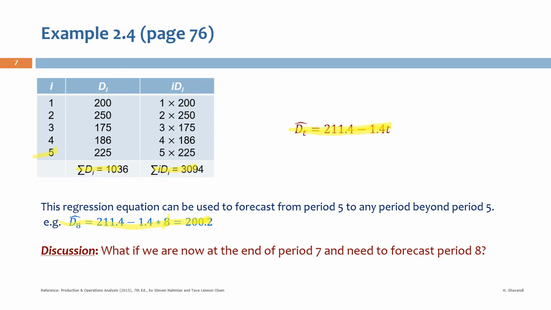So we need to recalculate the values of A and B, and then by having the updated linear regression model, we can apply that for estimating the demand at period 8.